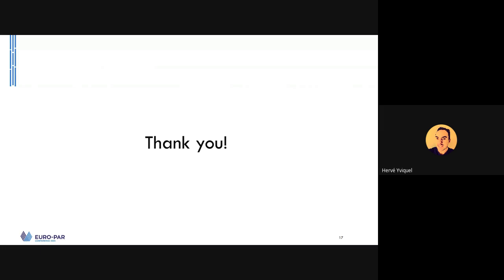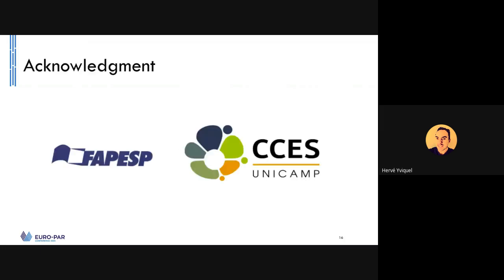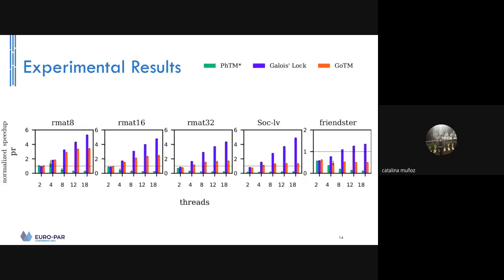Hi, Catalina. Could you come back to the last result you showed? Could you explain here? I'm seeing that your results are really bad. Is this what I should see? Our approach is bad, yes.